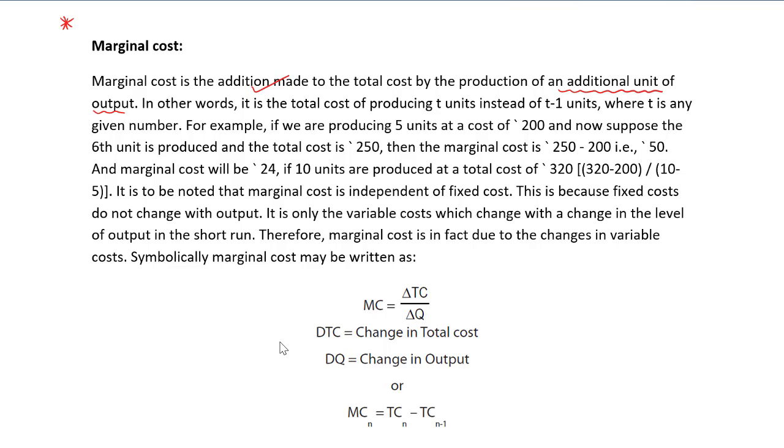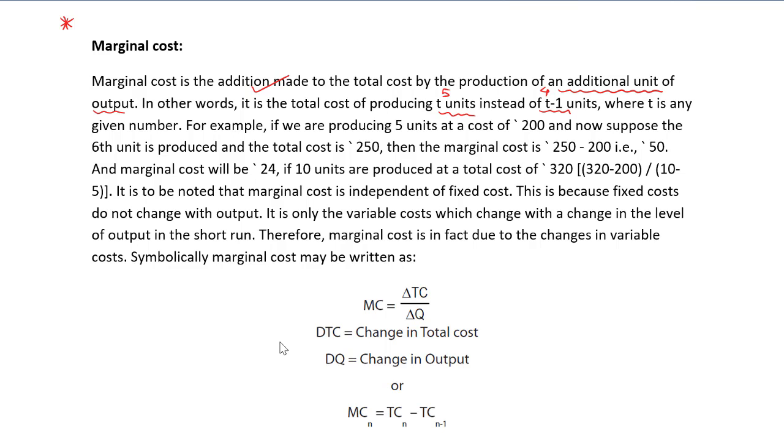In other words, it is the total cost of producing T units instead of T minus 1 units, where T is any given number. Supposing we produce 5 units, 5 minus 1 is 4 units, so the additional unit from 4 to 5 is written as T.